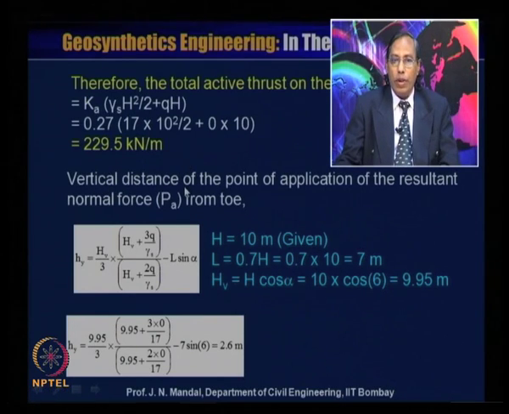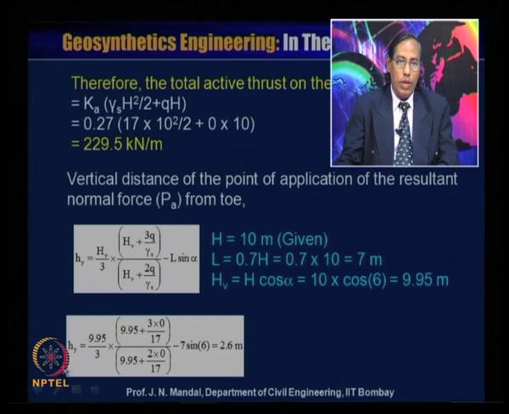Now, the vertical distance of the point of application of the resultant normal force PA from the toe you can calculate from this equation, that means HY. I also explained this earlier. Here H value is given, 10 meter, length is 0.7 times the height, 0.7 into 10, 7 meter, and HV is equal to H cos alpha, that is 10 into cos 6, that is 9.95.